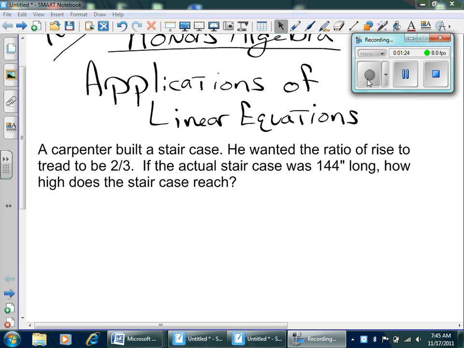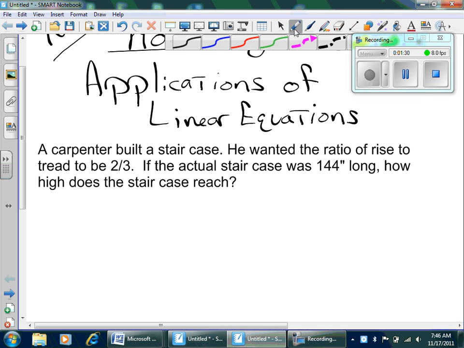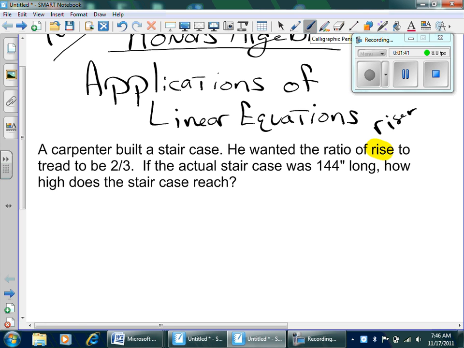Now, if you stop and think about this problem, there are some key words going on here. For example, we see this word here, rise. That sounds really familiar. I think if you actually talk to a carpenter, they would call it the riser. Okay, the riser in a staircase, here's my stairs. The riser is this part here.